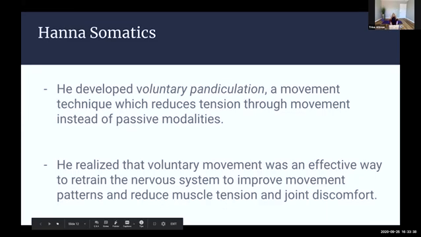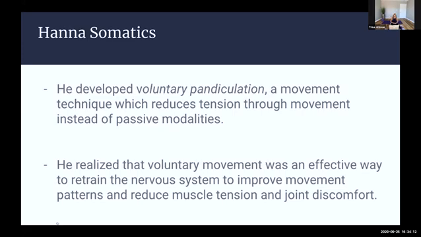He developed something called voluntary pandiculation, and we're going to experience pandiculation, but this is a movement technique that reduces tension through movement instead of passive modalities. And I'm taking a deep breath, because it's one of the many, many reasons why I absolutely love somatics. I feel like I have all of these tools in my toolbox, and some of them are more passive and some of them are more active.